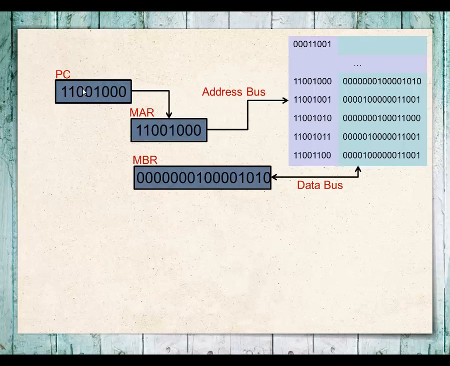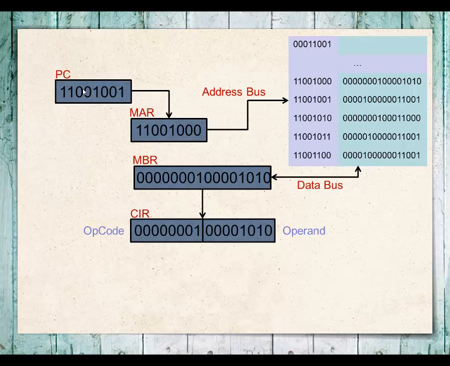At exactly the same time, the PC is updated by 1 and therefore points to the next location. The MAR still points to the current instruction, and the MBR now holds the current instruction itself. The processor then transfers the contents of the MBR to the CIR, immediately separating into opcode and operand.